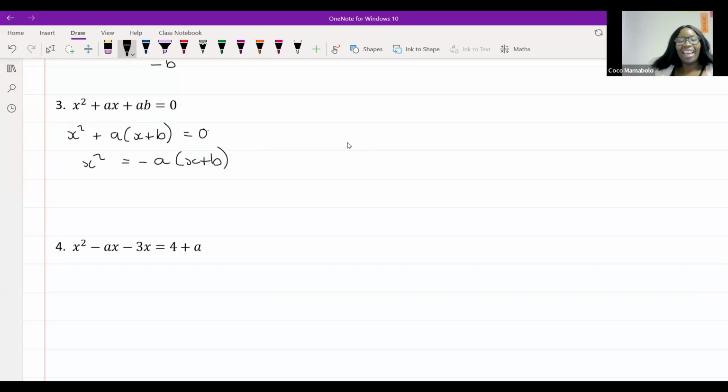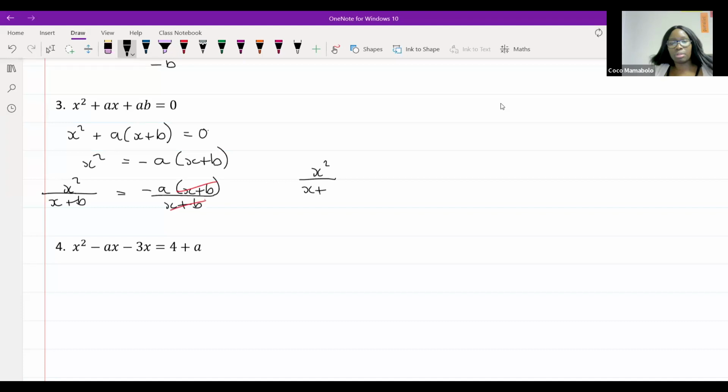And then if we divide both sides by x plus b, I'm going to get x squared over x plus b is equal to negative a times x plus b over x plus b. And then we can split it, right? These two will cancel out. So I will end up with x squared over x plus b is equal to negative a.